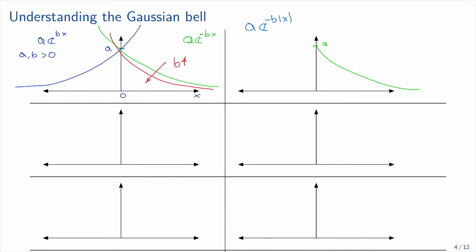So this is a. And for the negatives now, because we are taking the absolute value, we are going to have the exact reflection at this point. So again, if we increase b, that will be the effect of increasing b. And on the other hand, this function is going to be symmetric.